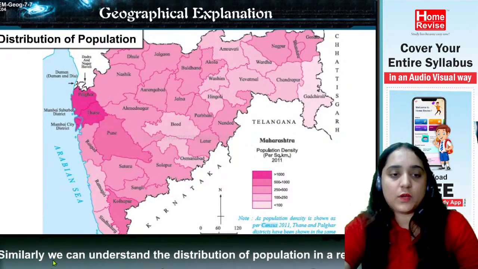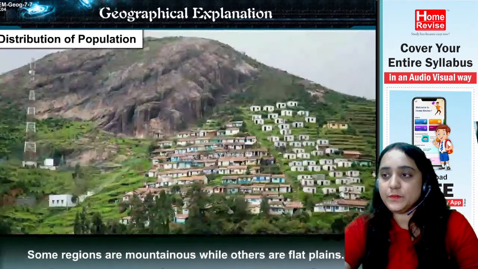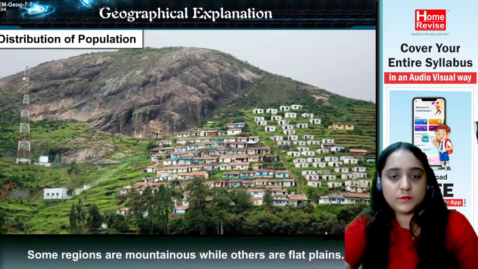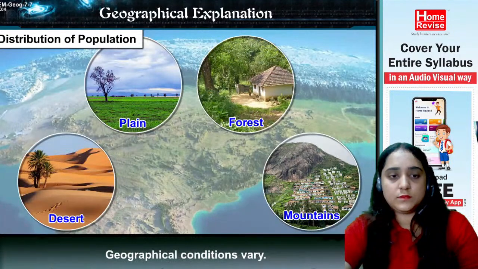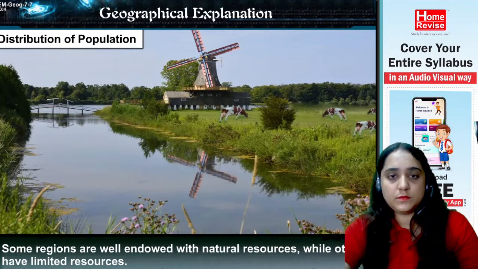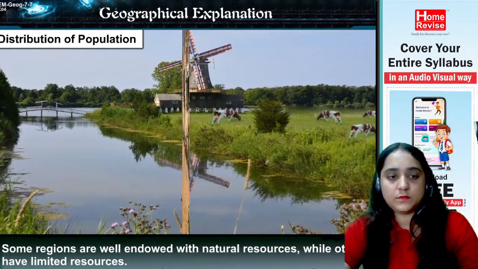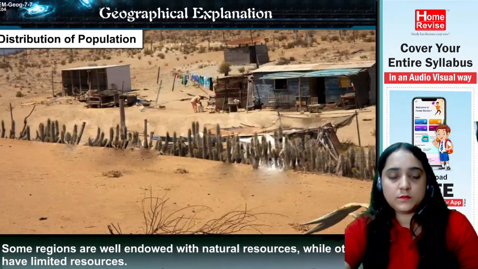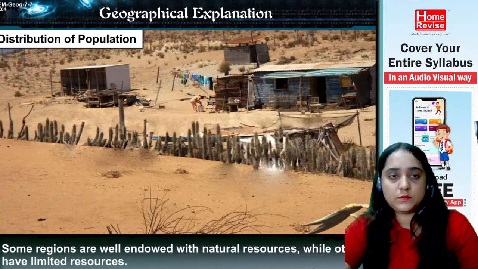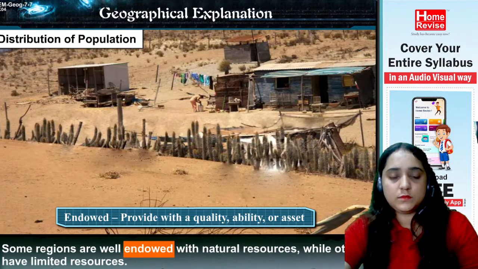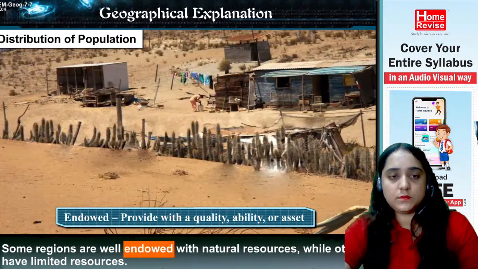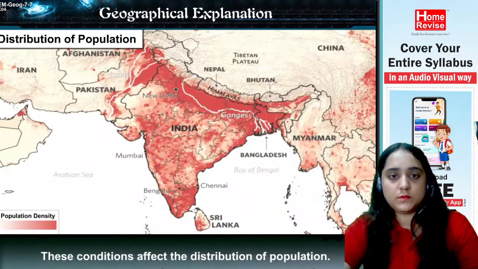Okay, so as we have understood which is the populous part, which is the densely populated, and which is the sparsely populated. Some regions are mountainous while others are flat plains. Geographical conditions vary. Some regions are well endowed with natural resources, while others have limited resources. Is it not so? Endowed, that is, provided with the quality, ability, or asset. These conditions affect the distribution of population.